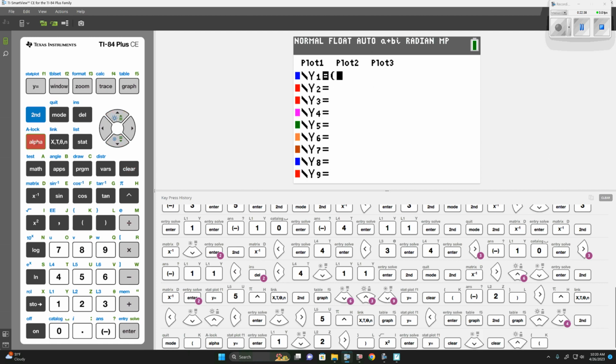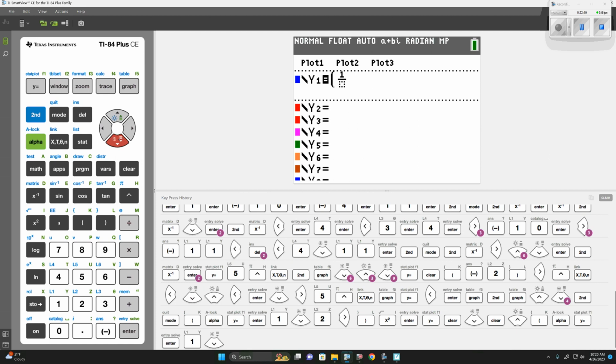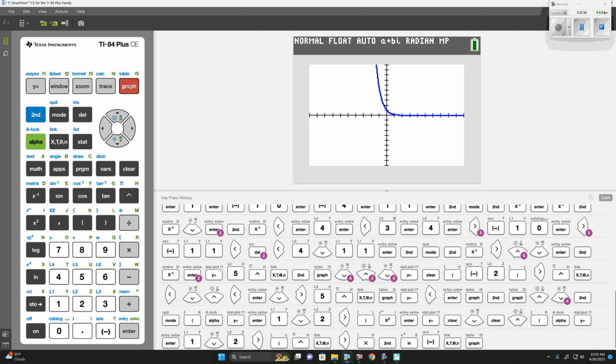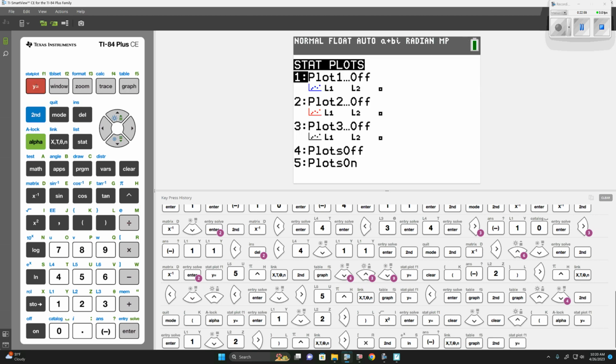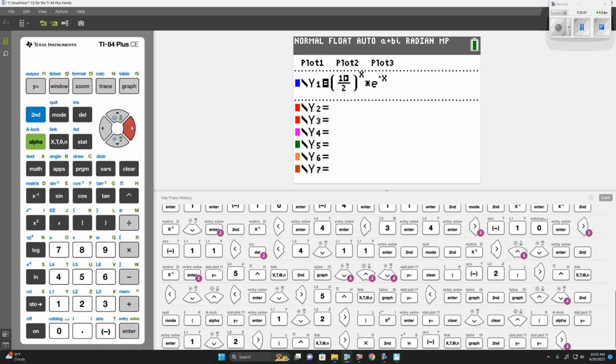Yeah. So let's clear both of these out and let's see. So we have 1/2 to the x times e to the negative x. Well, this here would be decay, because both of them are decay.